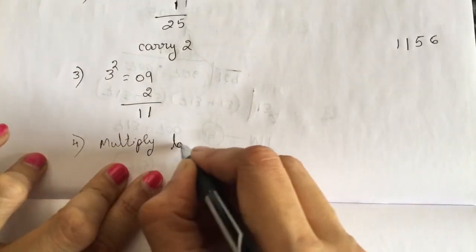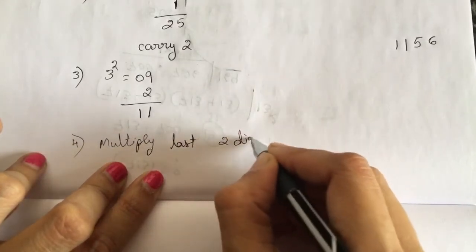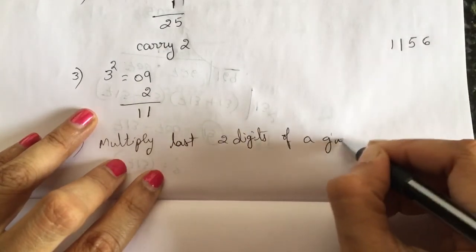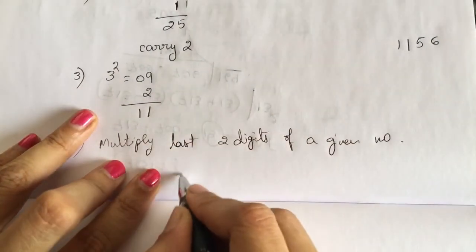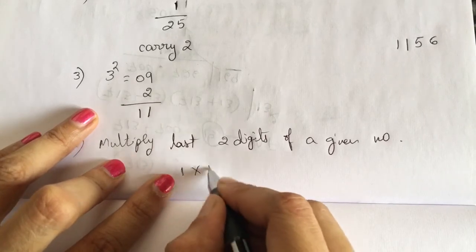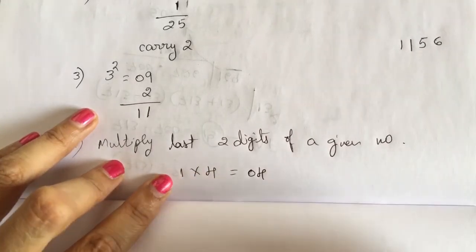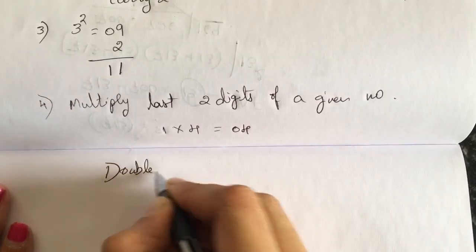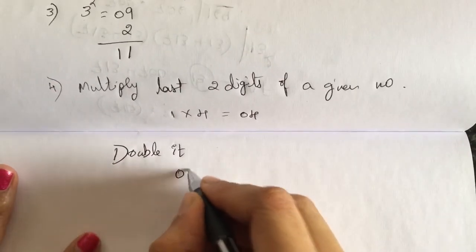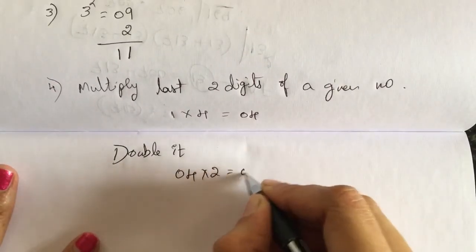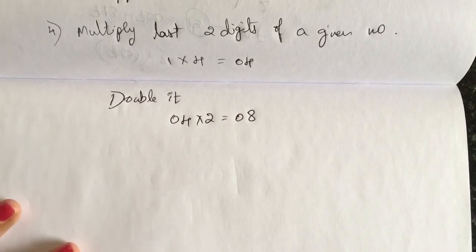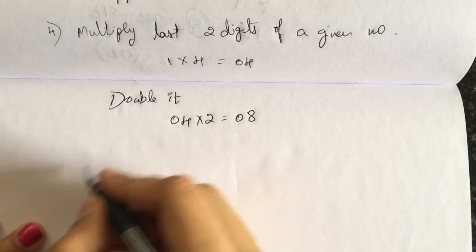Multiply the last two digits of the given number, that is 1 into 4, that's 04. Then double it, so 04 into 2, it's 08. Then you take the first two digits, same way you multiply the first two digits.